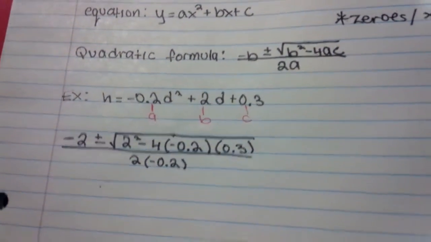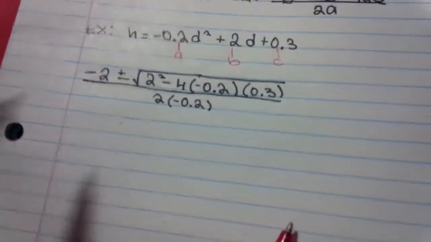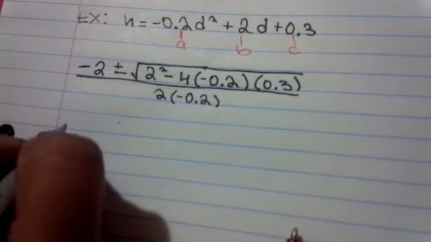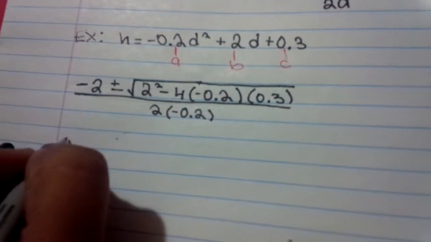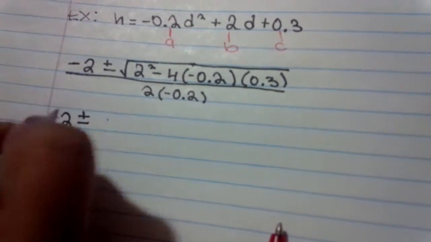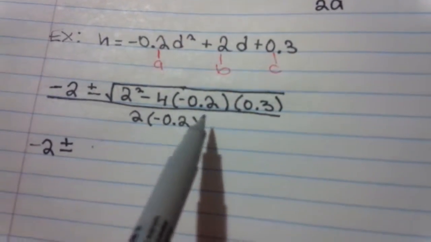So this is very complicated, so let's make it easier by doing everything in the square root first, so then we can find the zeros. So it's going to be negative 2. Plus minus stays the same. But now we have to do everything in the brackets.